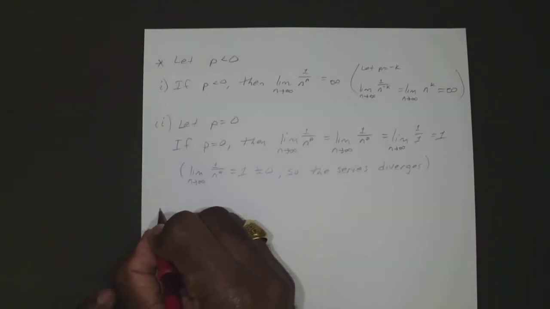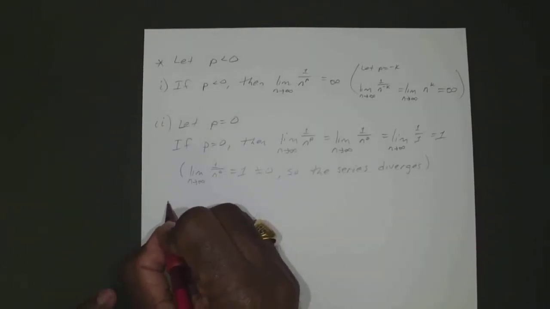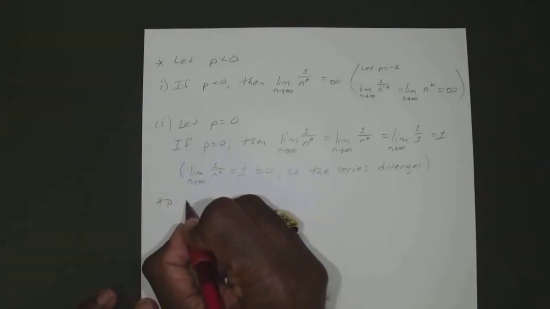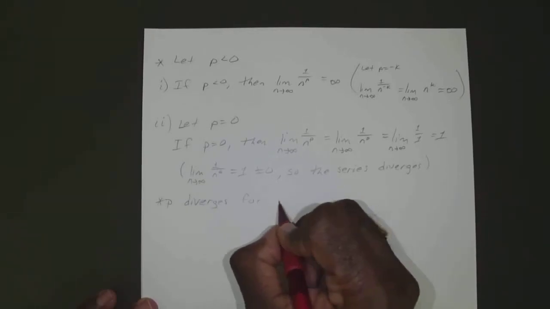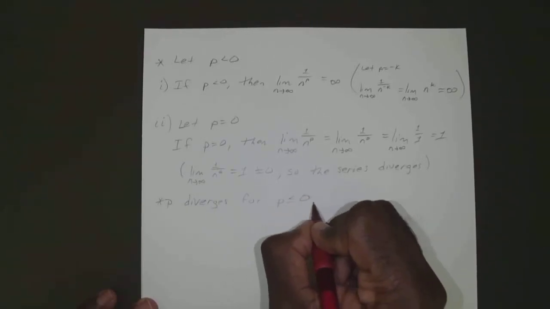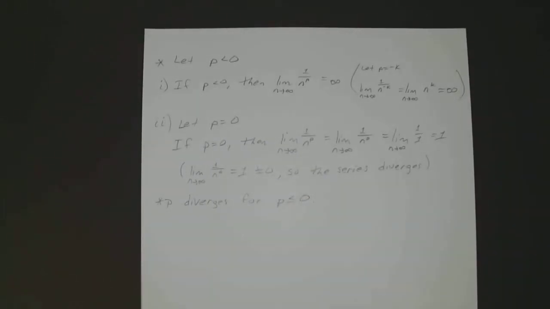Okay. So just from those two, we know that when p is less than or equal to 0, it diverges. Okay. So what about p greater than 0?